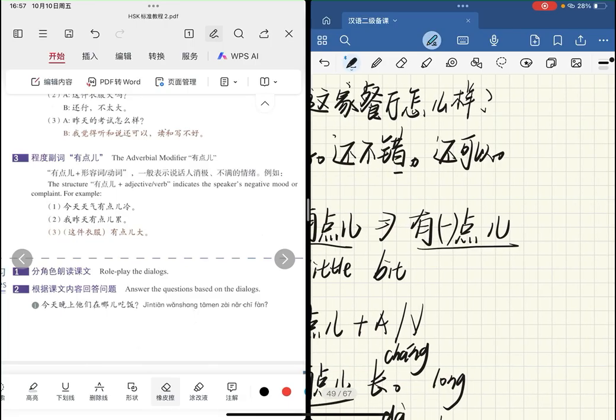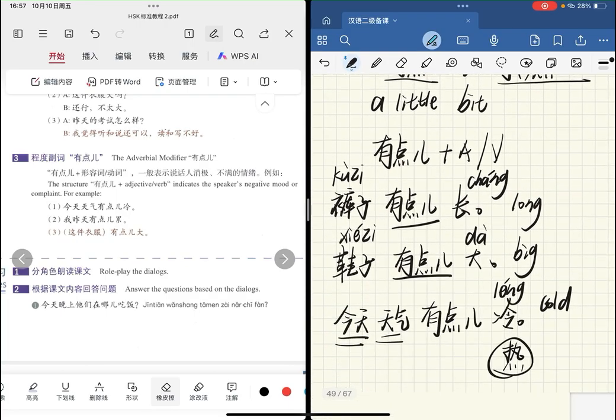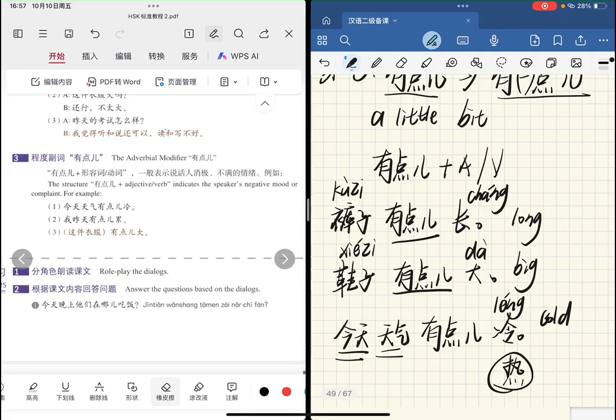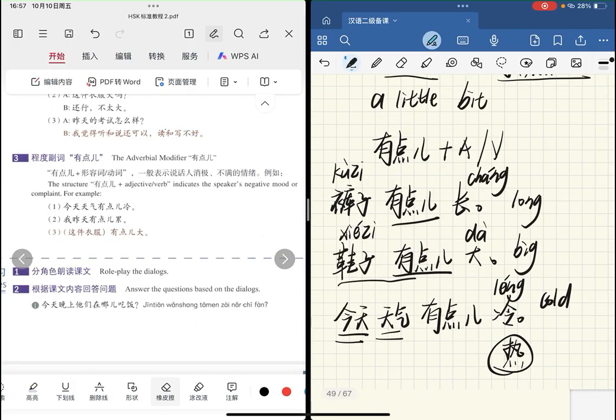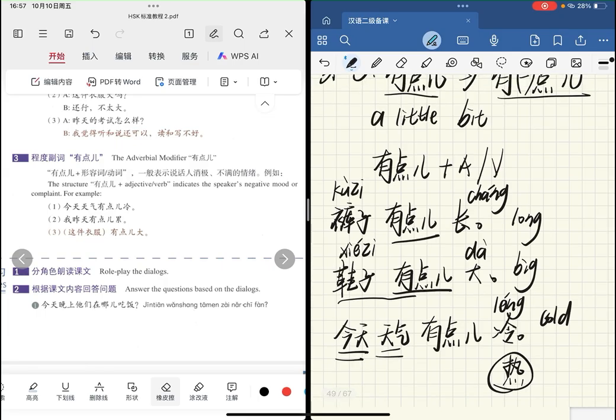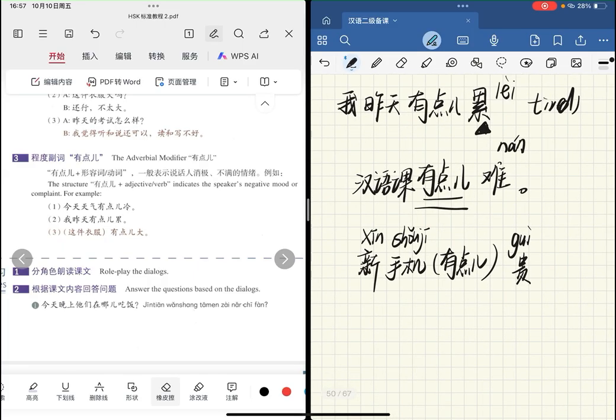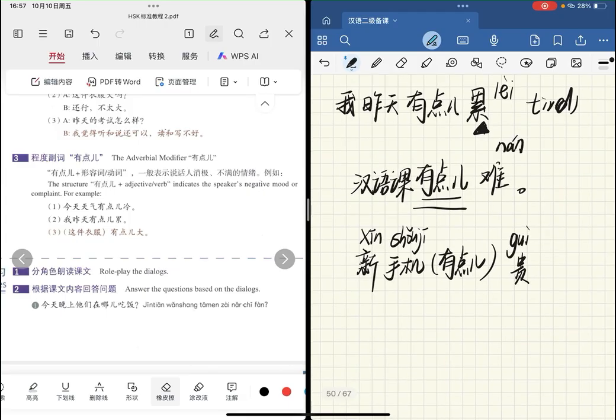Okay, so this is the last one. So let's read the example sentences. 裤子有点长, 鞋子有点大. So we know the 裤子 and the 鞋子 don't fit your requirements. 今天天气有点冷, 今天天气有点热. It's not the most comfortable temperature. 我昨天有点累. I was a bit tired yesterday.